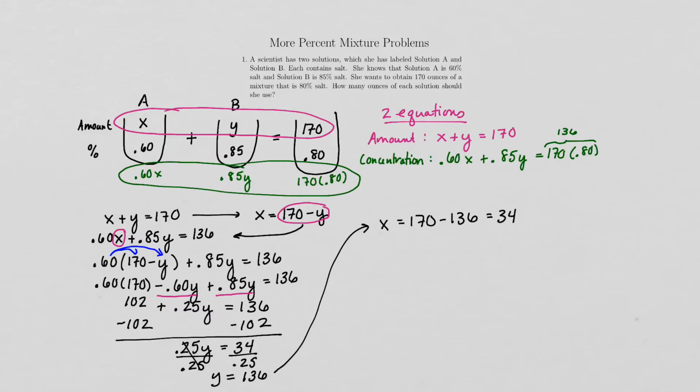So what that means is, remember, x went with the 60%, so we need 34 ounces of 60%. And the y, the 136, went with the 85%, so 136 ounces of 85%.